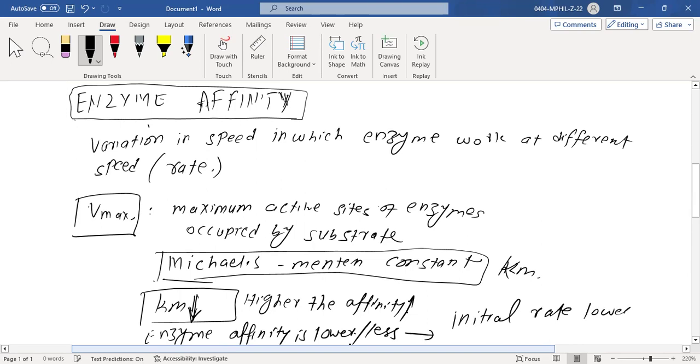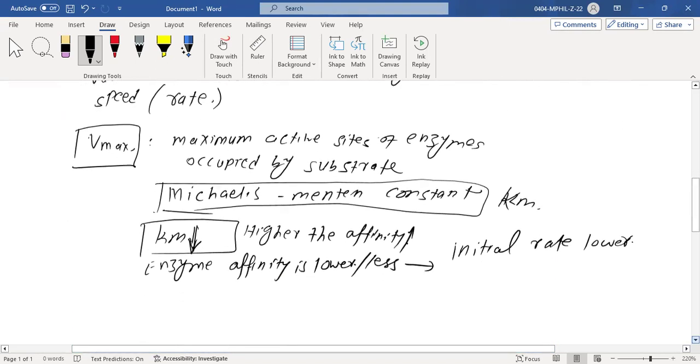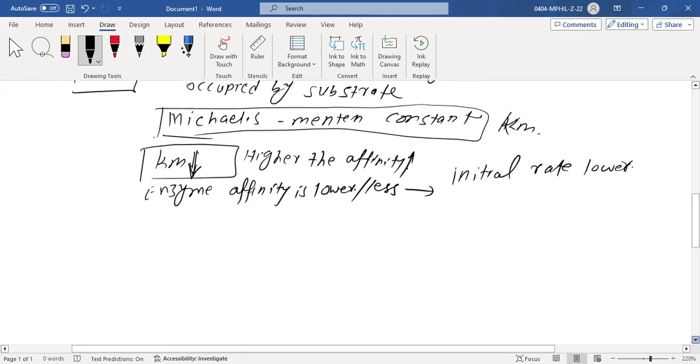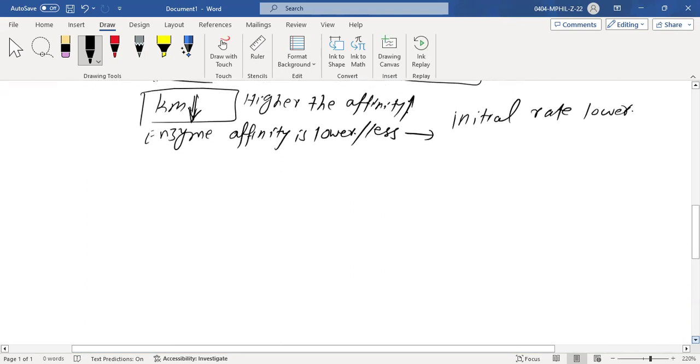Definitely, if enzyme affinity is lower, it means that the substrate-enzyme interaction will be less, and it means that the rate of reaction is low, right? So this is the relation we are trying to understand here: how the Km value impacts the rate of chemical reaction or the rate of enzyme action, right?